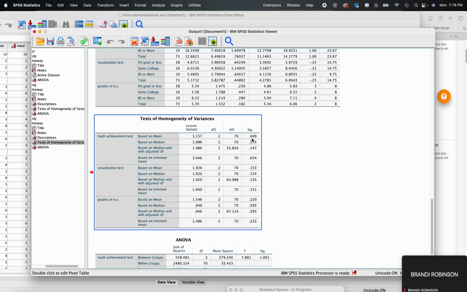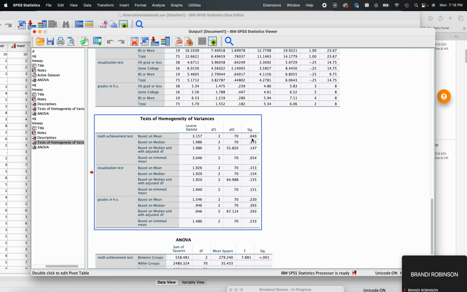So I am going to reject the null hypothesis that there's no statistically significant difference in the variances for math achievement. This violates my assumption because I have to assume they're equal. And if I'm rejecting the fact that there's no difference, I'm saying that they're not equal.